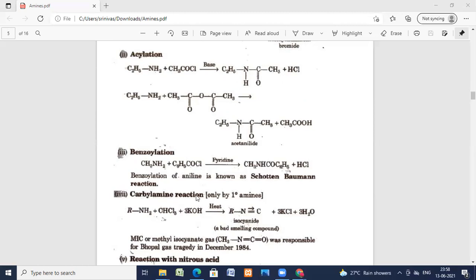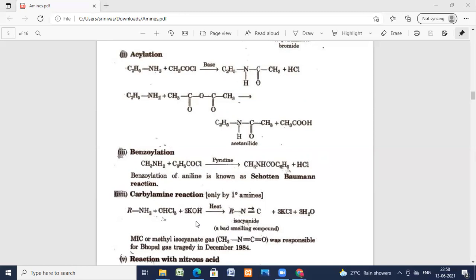Now, the carbylamine reaction. In the carbylamine reaction, only primary amines give this reaction. RNH2 on reaction with chloroform and 3KOH on heating gives RN triple bond C. An isocyanide is formed, a bad smelling, pungent smelling compound.